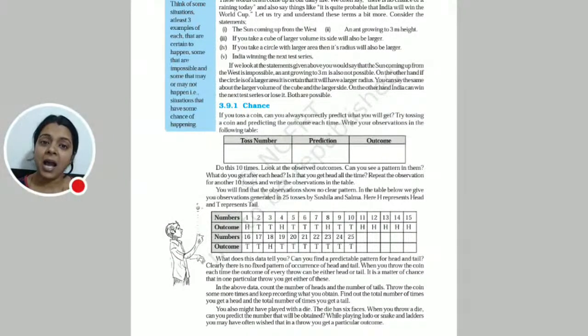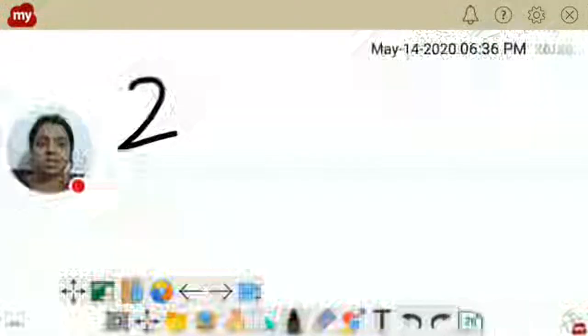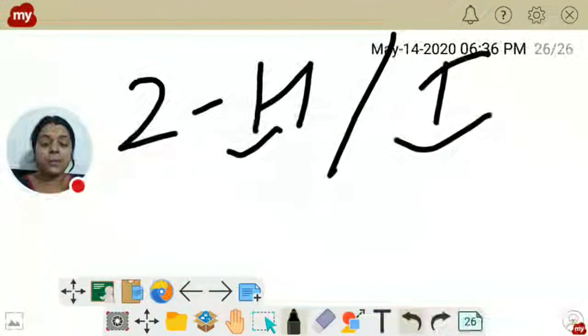50-50 means half, means 1 by 2. How 1 by 2? Because there are only two options here. One is head, another is the tail. There are two options, but which one will come? Will both come or none will come? It's never possible.